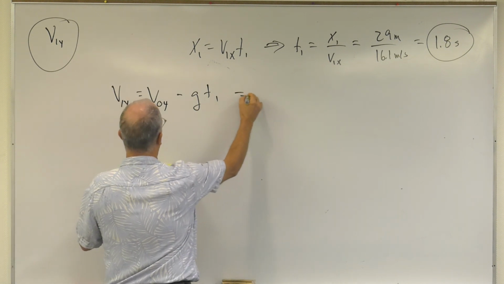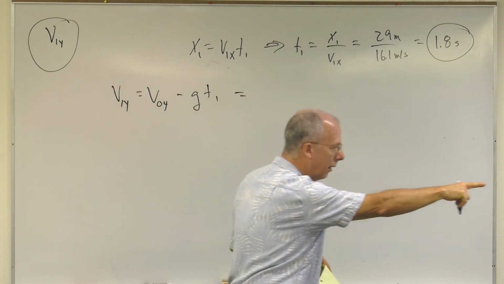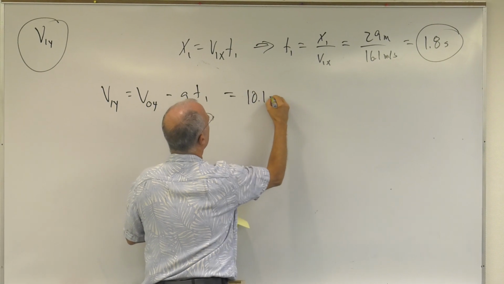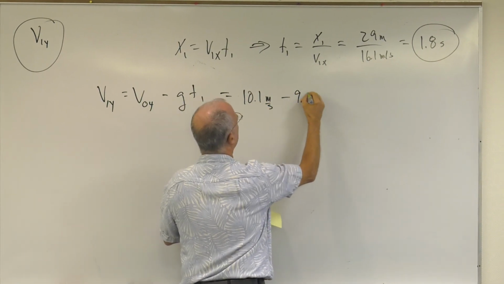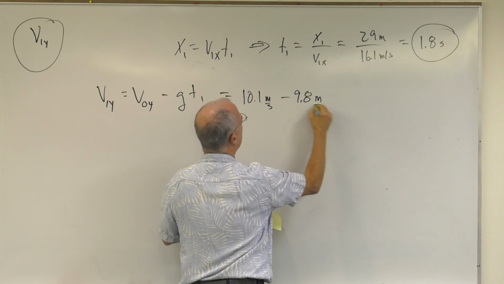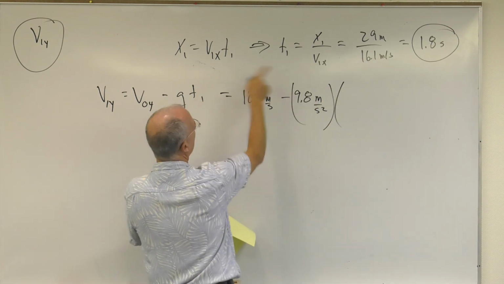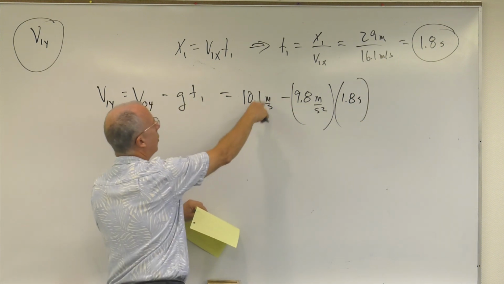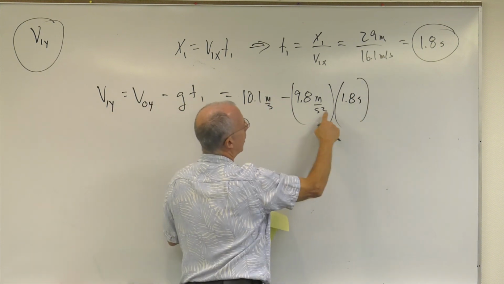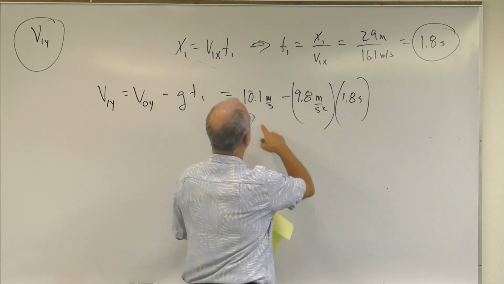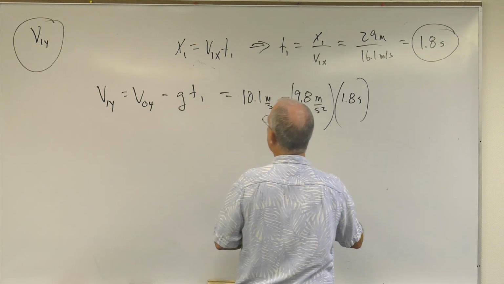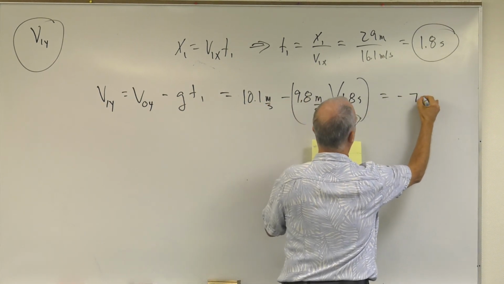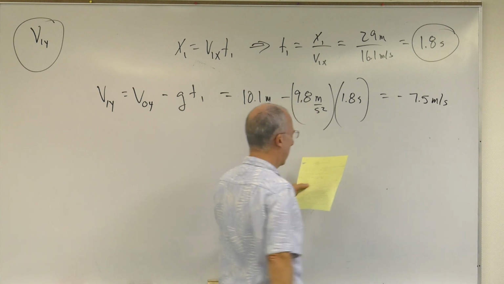So v0y, 10.1, minus 9.8 meters per second squared, and t1, 1.8 seconds. Notice the units: this second kills one of these seconds, so we get meters per second. 10.1 minus this, and you get minus 7.5 meters per second.